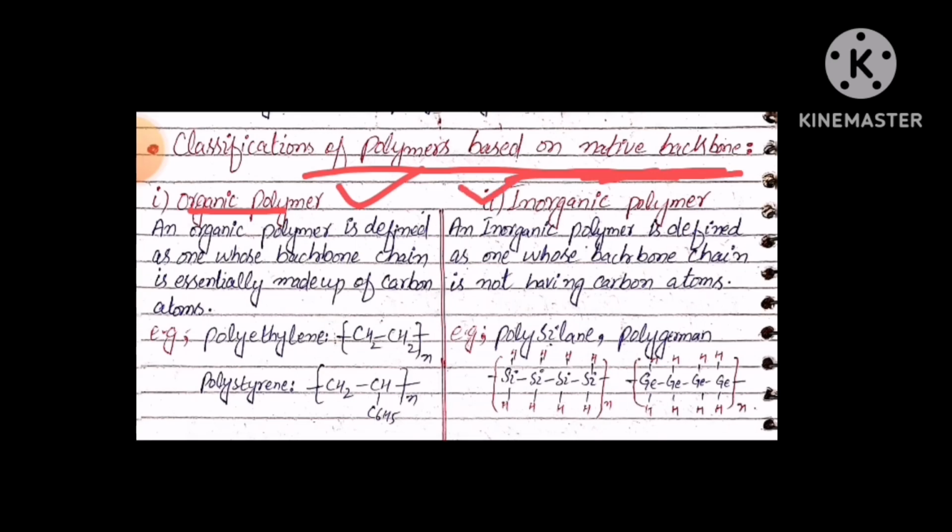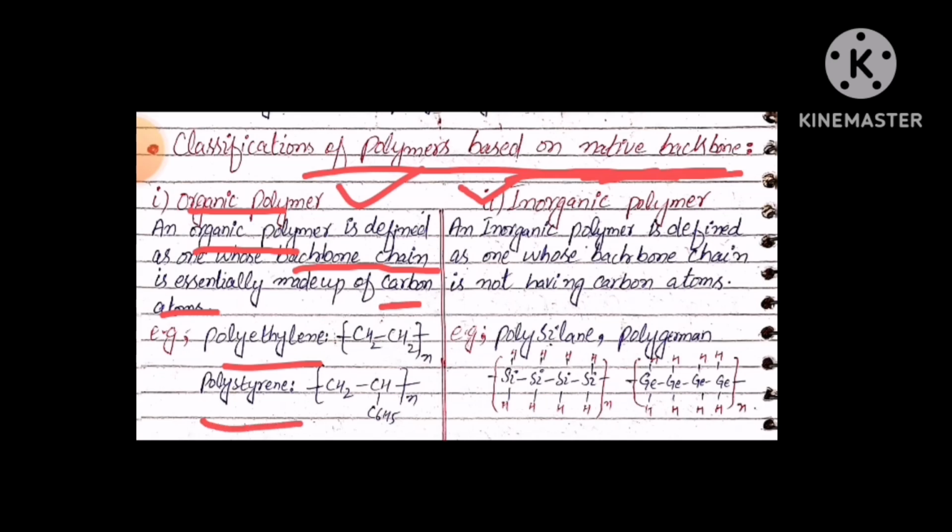An organic polymer is defined as one whose backbone chain is essentially made up of carbon atoms. Students, there is a condition: there must be a backbone chain made up of carbon atoms. The examples are polyethylene or polystyrene.